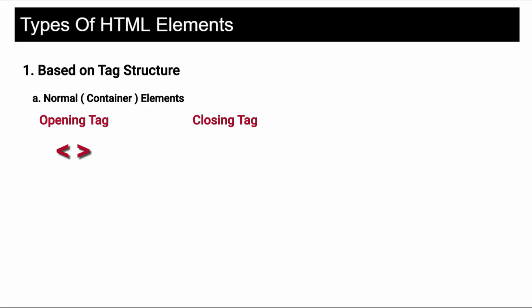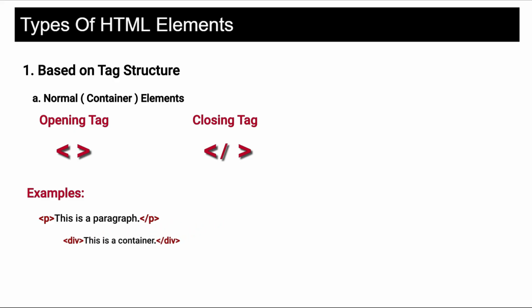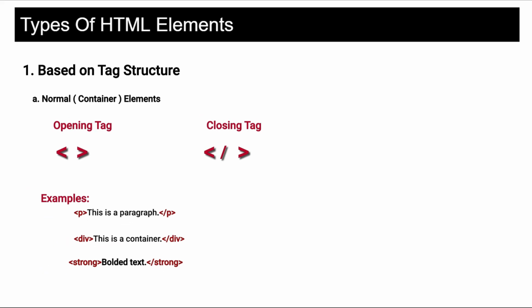And the closing tag also consists of a less than with a slash and greater than coming at the last. So what are some of the examples of these elements? The P tag, which can contain text, and the div tag, which is a container and can contain other elements, and also strong tag, which can also contain bold text.